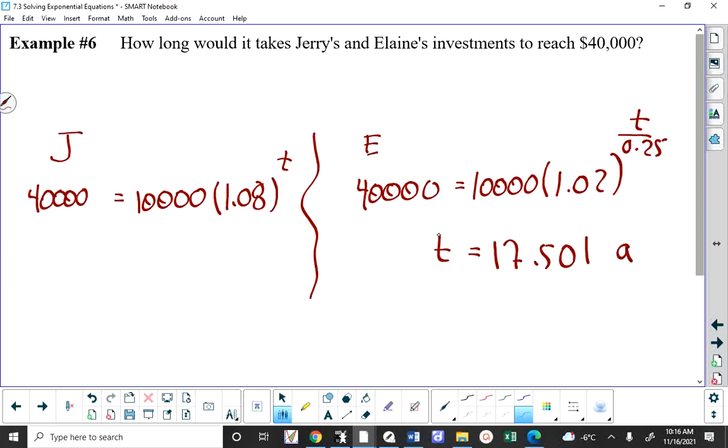Years. I'm going to write down what the answer is and ask you to think about why I rounded the way I did. The answer is 17.75 years. Why didn't I just round it to 17.5 or 17.6?